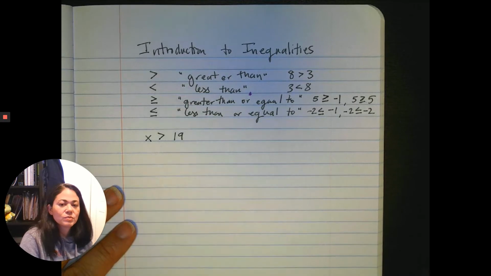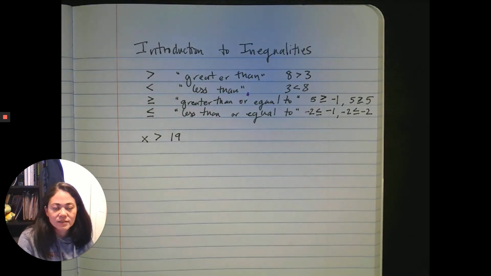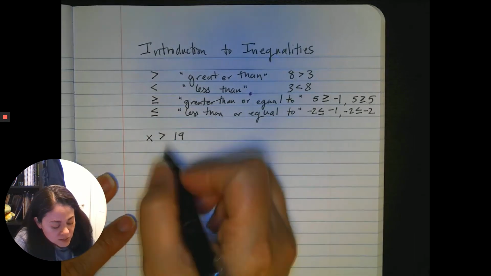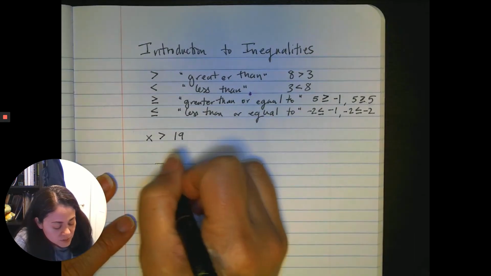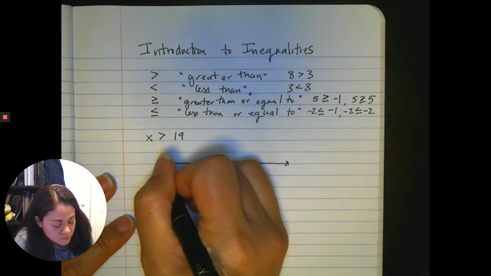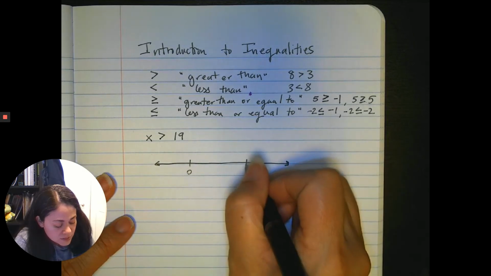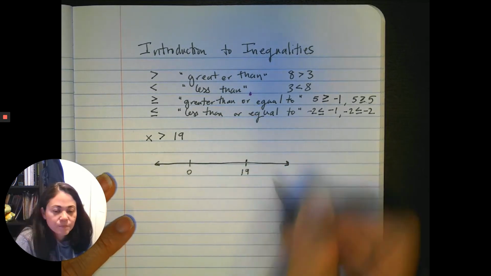So here's what we do. Because we can't list all of the possibilities that would work for x, we can indicate the possibilities by drawing a number line. And I'm going to put 0 over here on the number line, and we're going to say that 19 is over here.